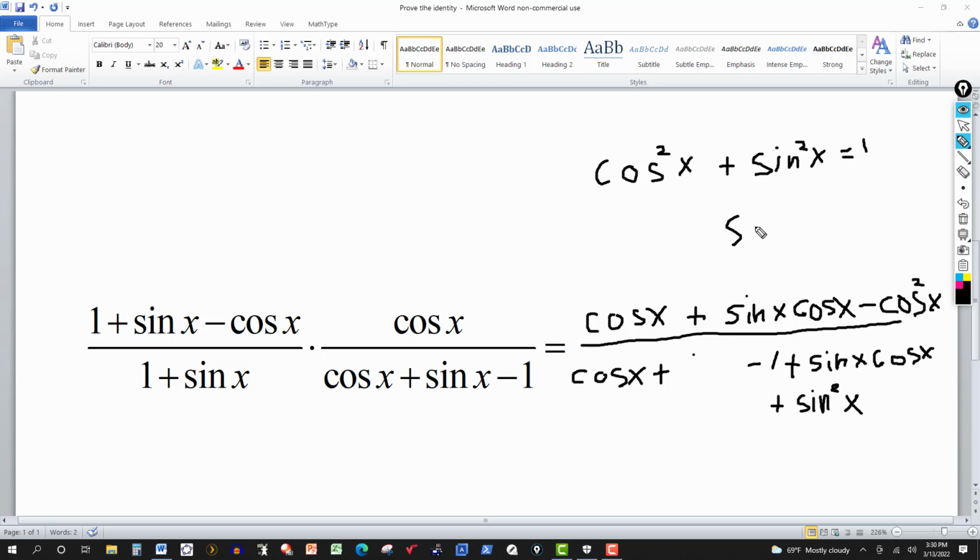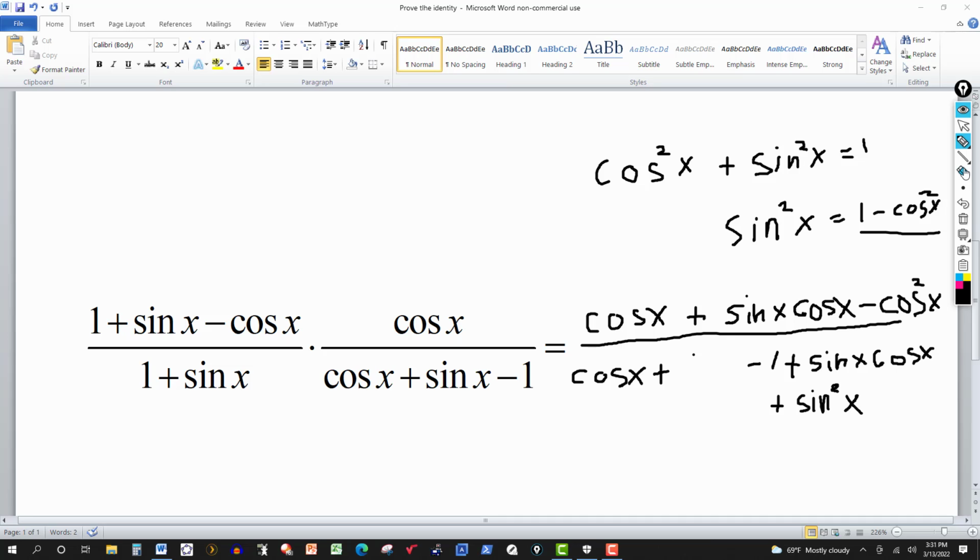So we know that sine squared x is equal to 1 minus cosine squared x. So that means that this sine squared x right here that I have in the bottom can be replaced by 1 minus cosine squared.